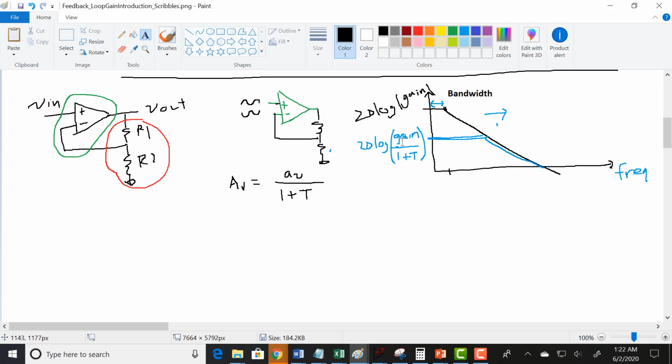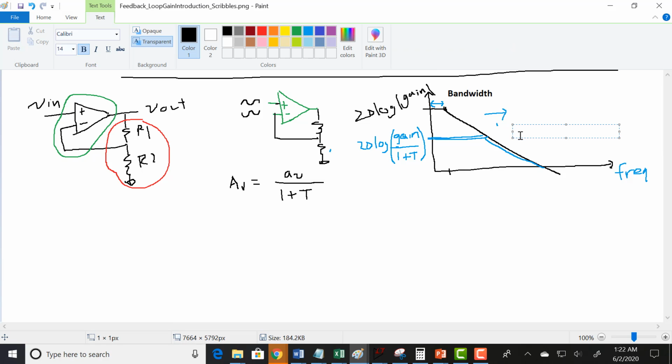So when you drop the gain, the bandwidth is higher, and that's called widebanding. By dropping the gain, the region where you have a constant gain increases. It gets broader, it gets wider.